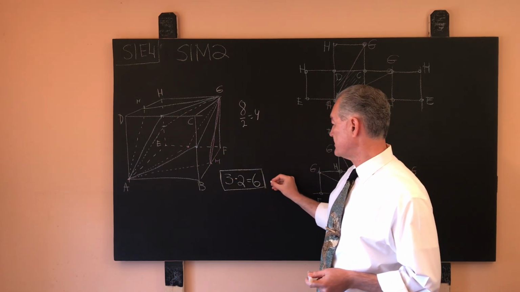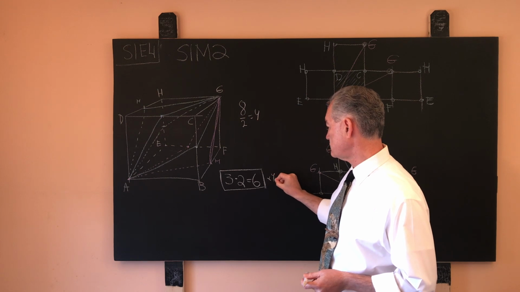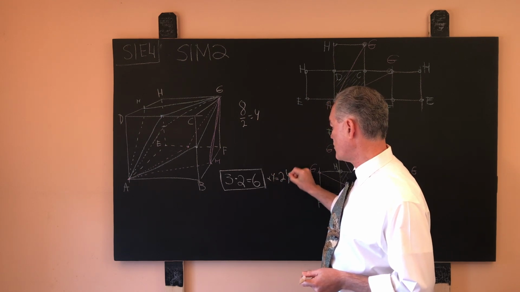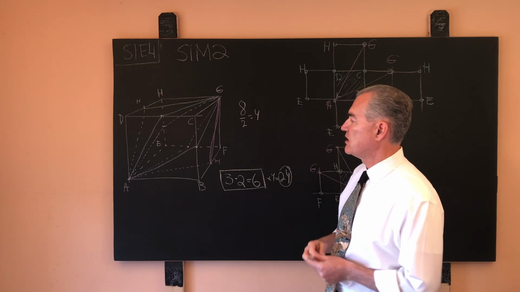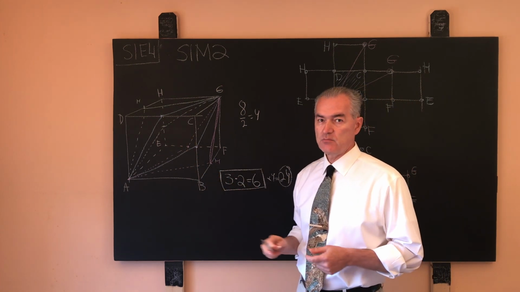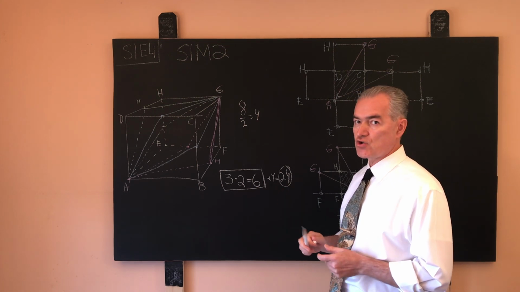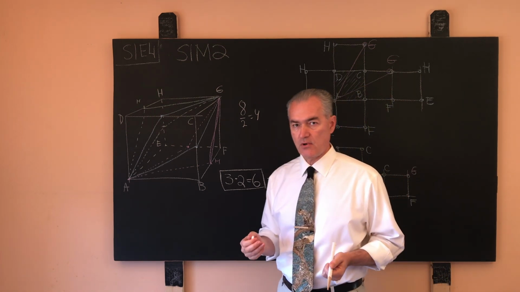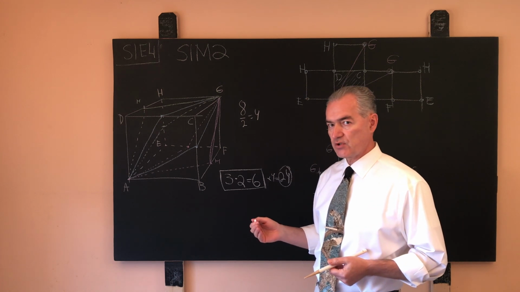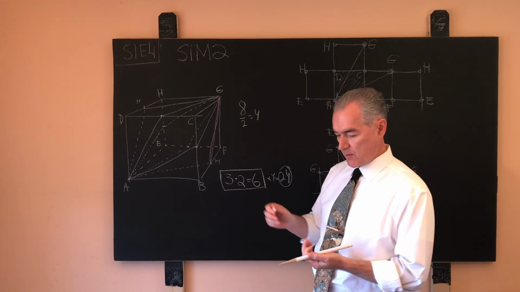Correct. 6 times 4 equals 24. In other words, any given cube can be covered with a net of 24 shortest trajectories from one vertex of a cube to a diametrically opposite.